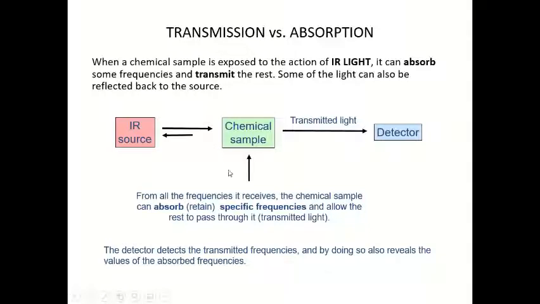And from all the frequencies that the sample receives, the chemical sample will absorb those specific frequencies that match the specific bond types or functional groups that the molecule has, and the rest will be transmitted and will arrive at the detector.